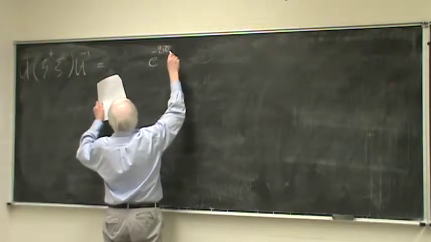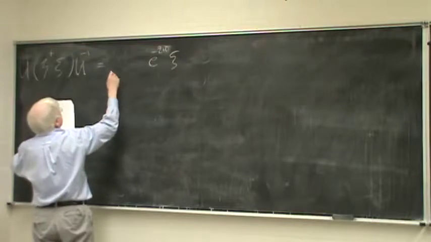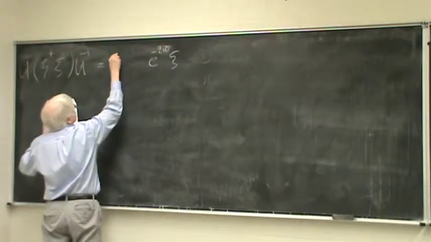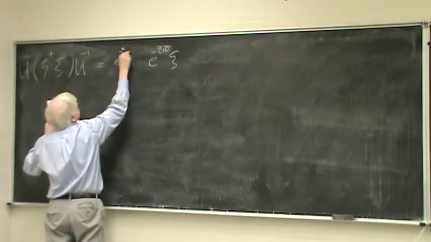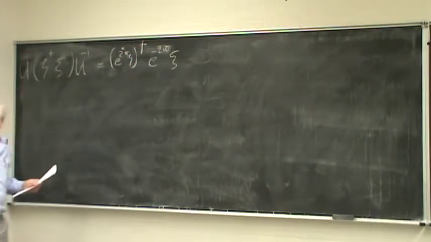And zeta goes as e to the z star dot sigma zeta, and then the whole thing is daggered.